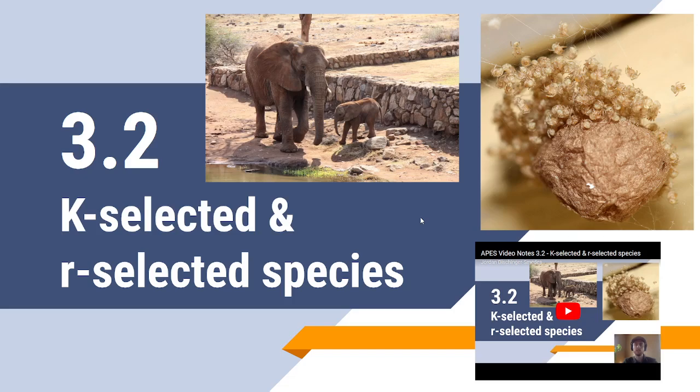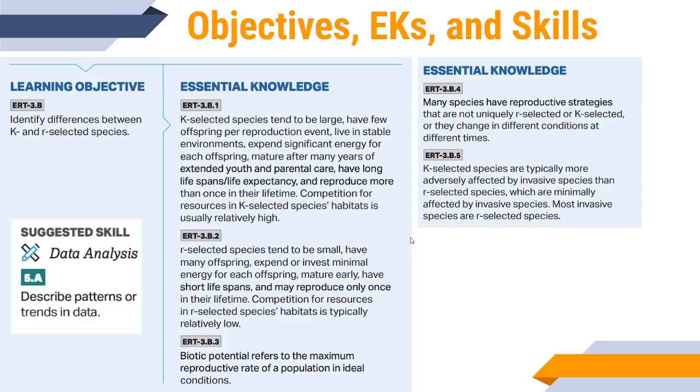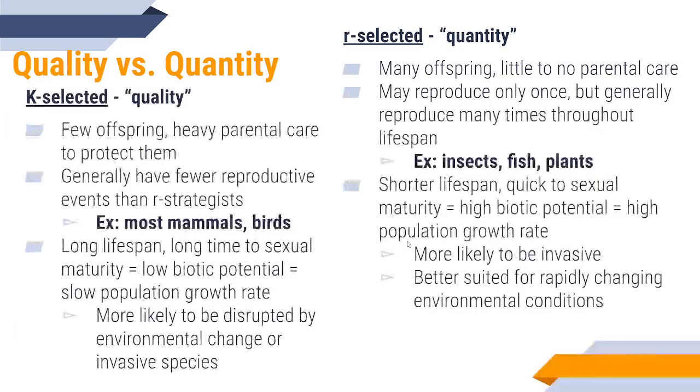Moving on to that, another population characteristic we'll look at is what's called R versus K selected species. This has to do with the birth and development of organisms from a specific species. One way to think about this is quality versus quantity.